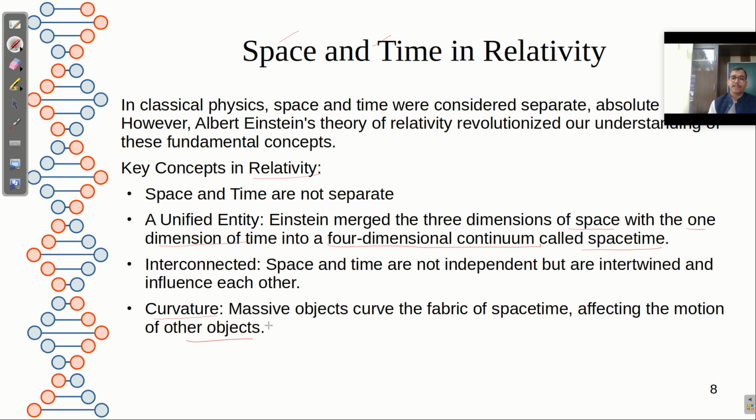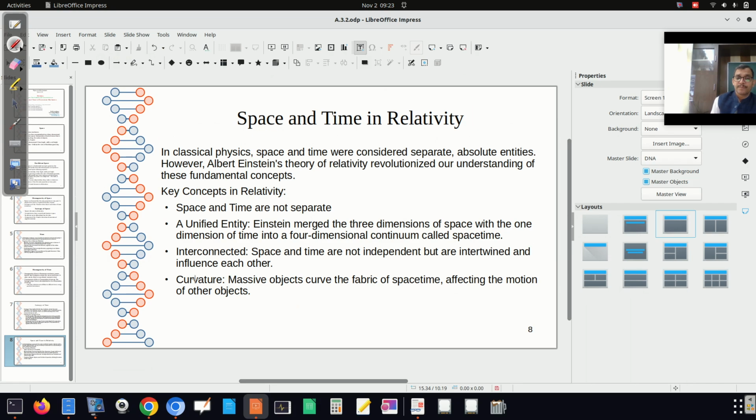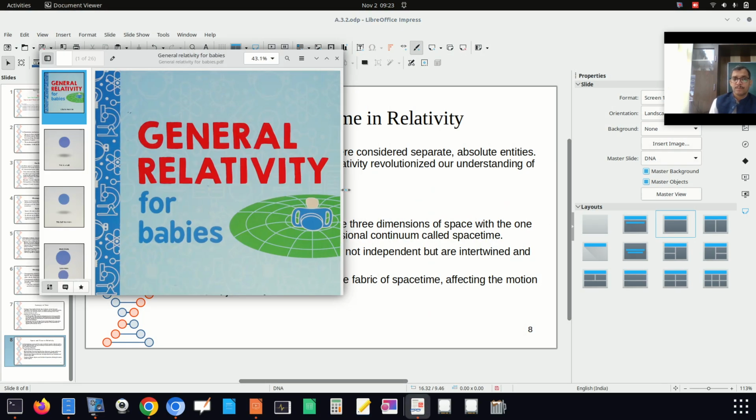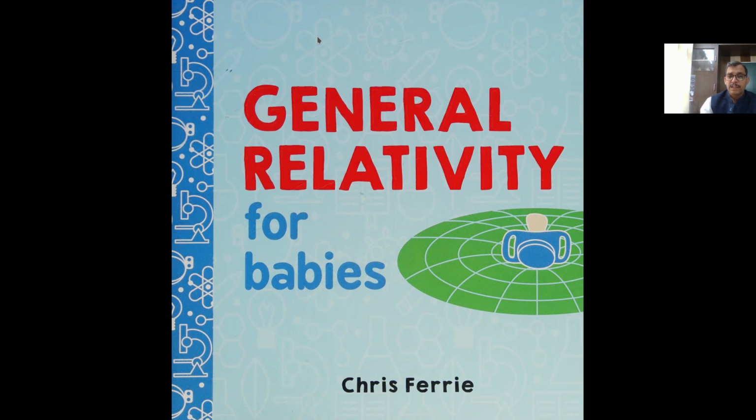This is a very small book which I am going to share with you regarding what we call curvature. So let us have a look at that. It's a very interesting book, General Relativity for Babies.